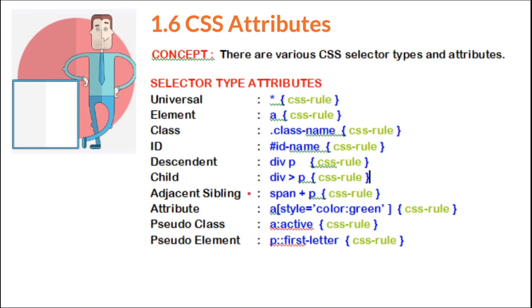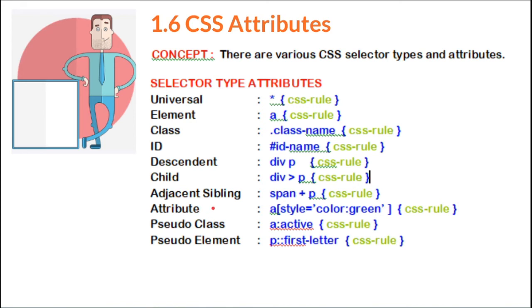We can have adjacent siblings. Siblings are child elements that are next to each other at the same level within the containing element. For example, we can have a span element which contains paragraph elements, and these paragraph elements will be adjacent siblings.